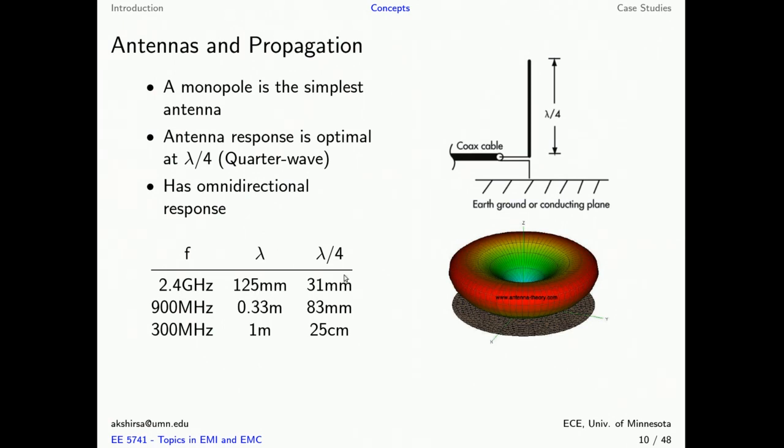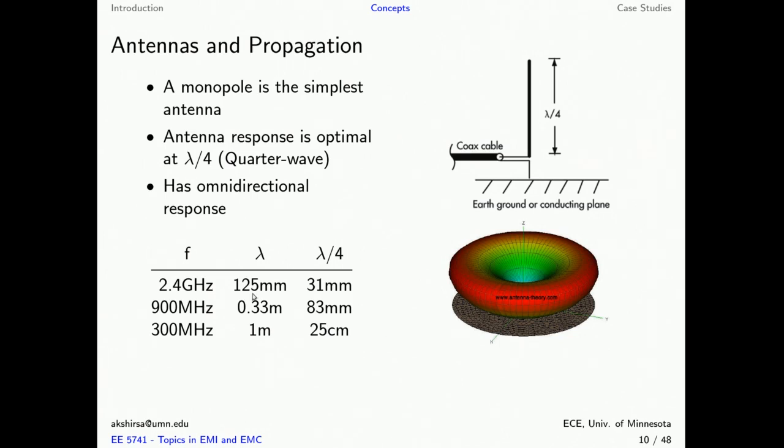The lambda by 4 or quarter wavelength for this is 31 millimeters. This means that a piece of wire forming a monopole antenna of length 31 millimeters will be able to emit and absorb energy at 2.4 gigahertz.